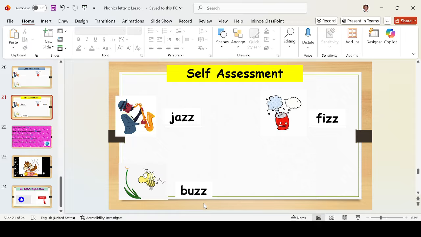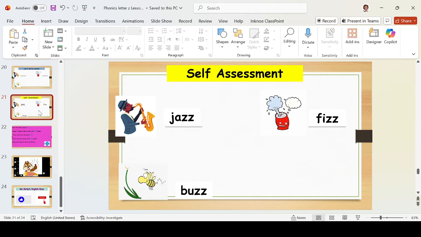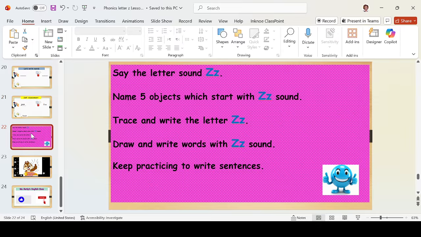Okay. So you can check your words, and if you made some mistakes, you can do your corrections. It's okay. You can pause the video, right? And then you do your corrections. But I think you did everything okay.